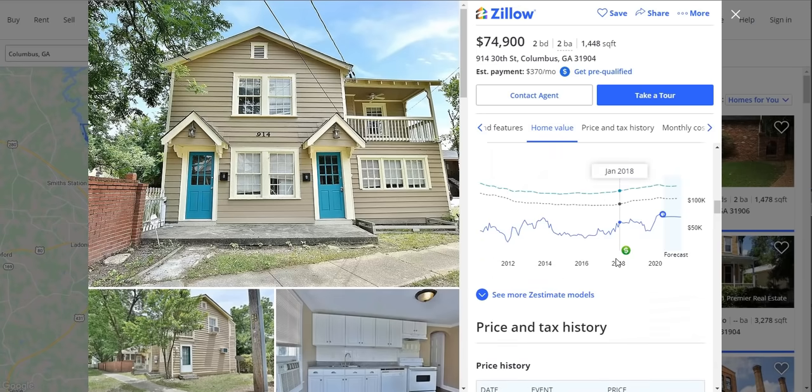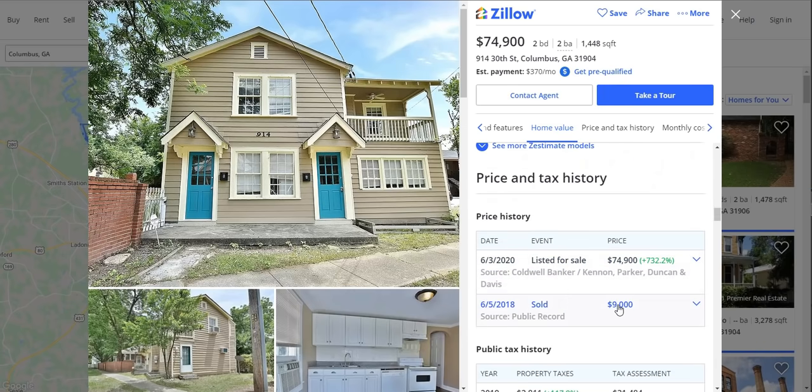But if you look back at the value range on that property, the blue line, at the time of the sale, the property was valued at over $50,000. So this sale price of $9,000, either that number is wrong, or there was something strange about this transaction.